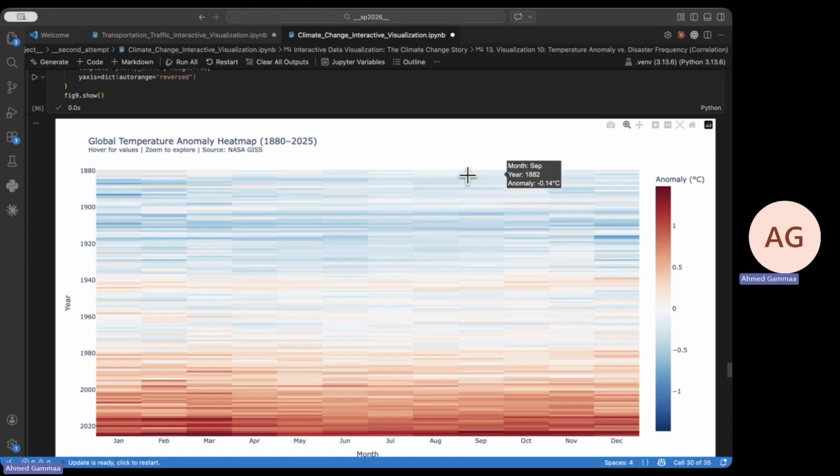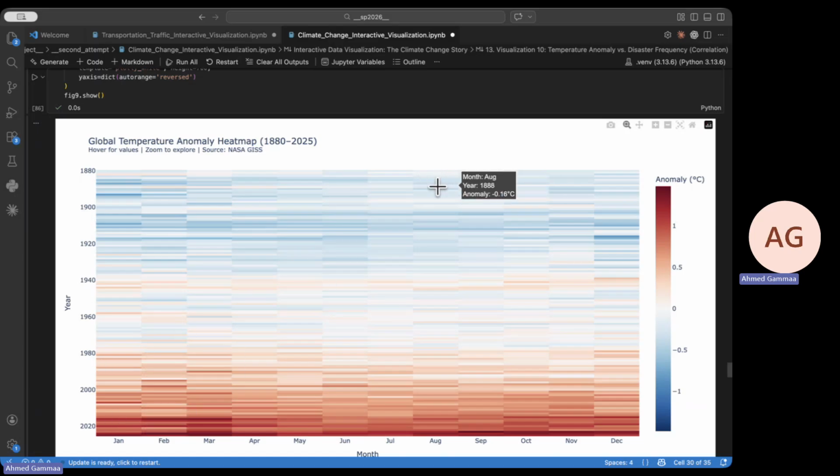As you can see, it's clear that the whole world is going from the blue zone to the extreme red zone, from 1880 to 2024.